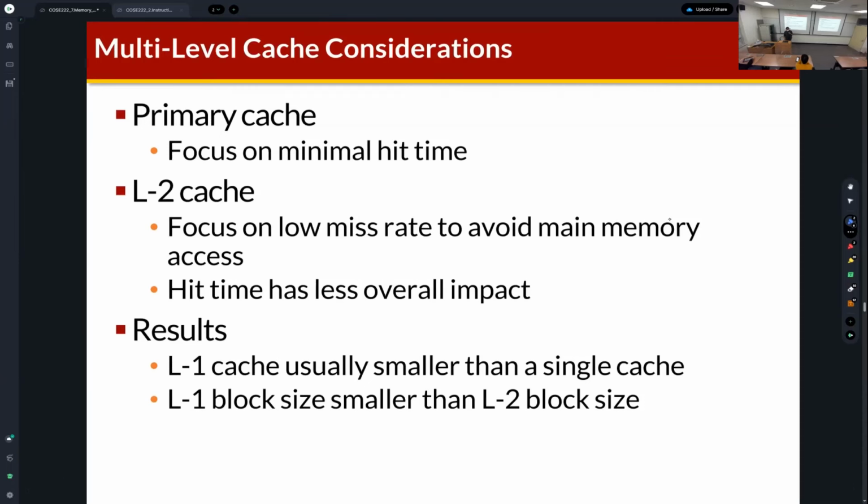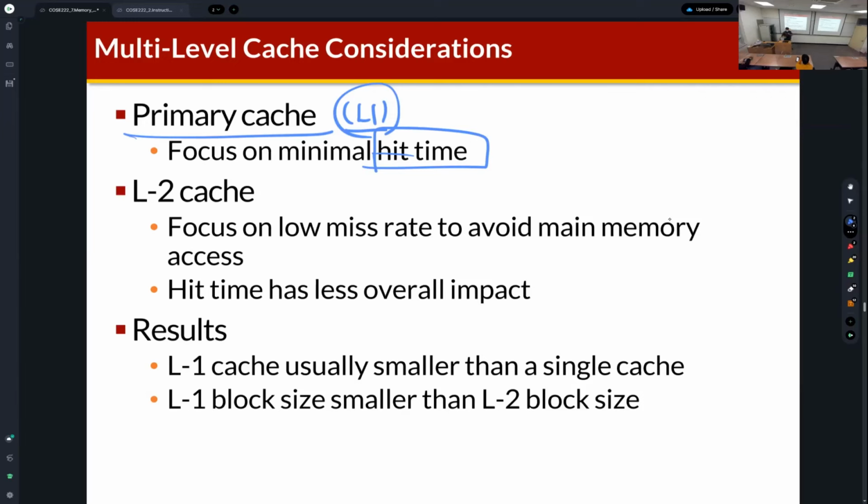So this is the benefit of the multi-level cache. The primary cache is the L1 cache. When we design the L1 cache, we just focus on the hit time, because if the data is a hit in the L1 cache, then this data should be immediately provided to the processor.